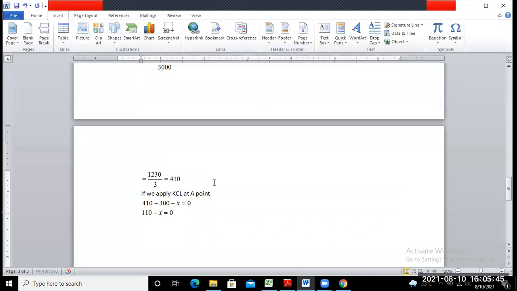So what is the value of X? If you take it to the right side, you will get X equal to 110 ampere.